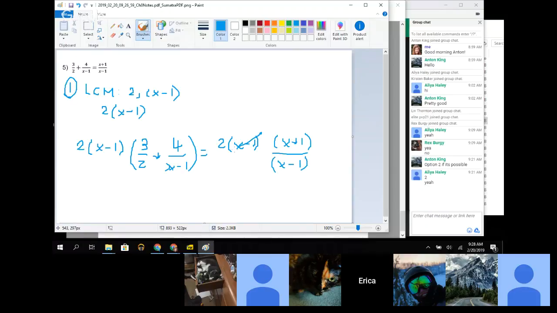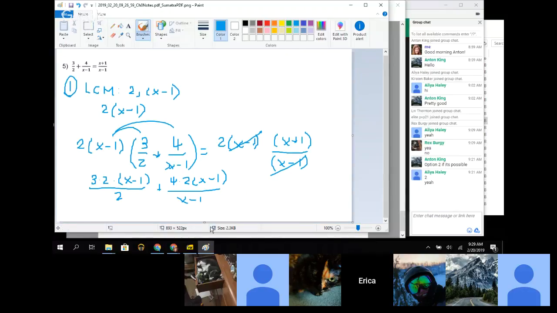All right, well, this is good. Those at least crossed out over there, so that's good. All right, so when we distribute, right, we get 3 times 2 times x minus 1 over 2 plus 4 times 2 times x minus 1 divided by x minus 1.